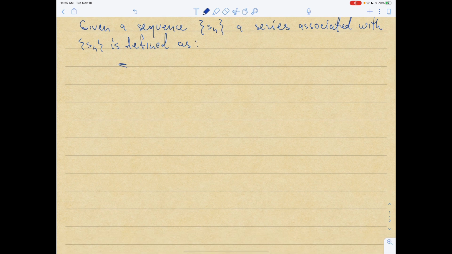The sum from n equal to 1 to infinity of Sn is defined as the limit when k goes to infinity of the sums, n from 1 to k, of Sn.